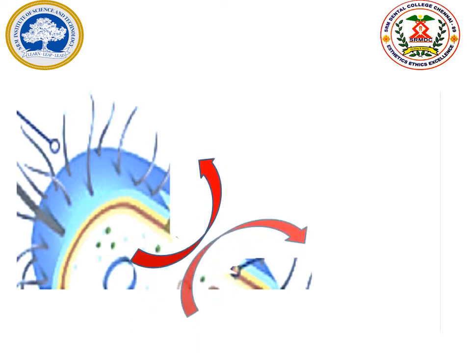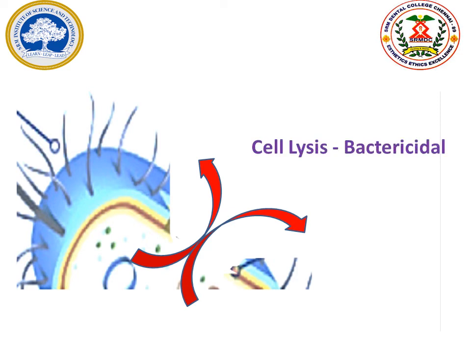When cell wall synthesis is inhibited, there is leakage of the cell contents, leading to lysis of the mycobacteria and the bactericidal effect of isoniazid. Isoniazid has a very specific binding point, so it does not act on other mycobacteria.